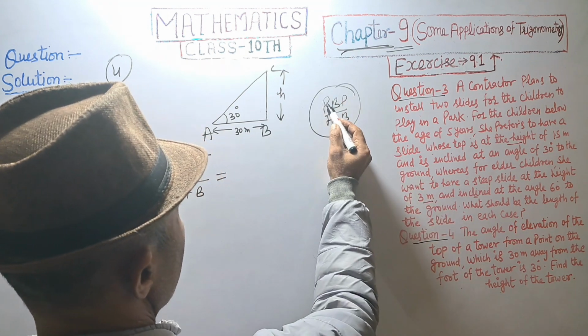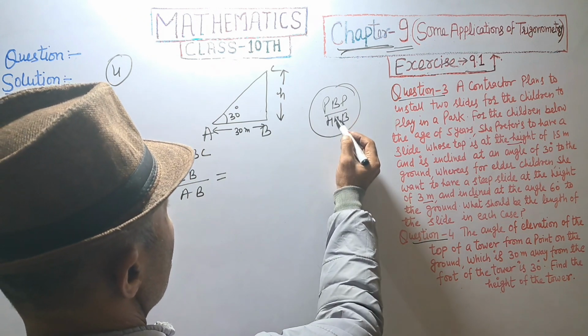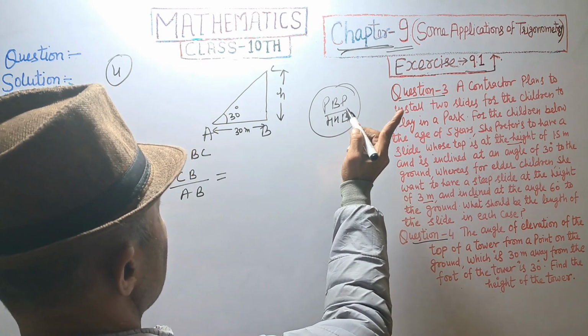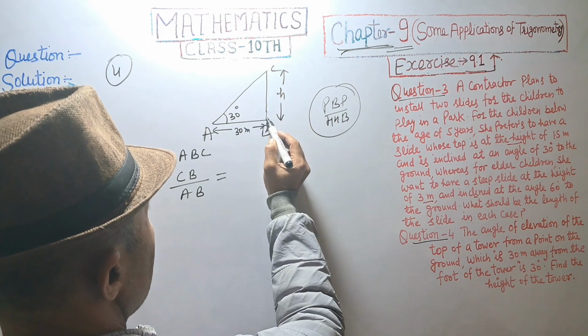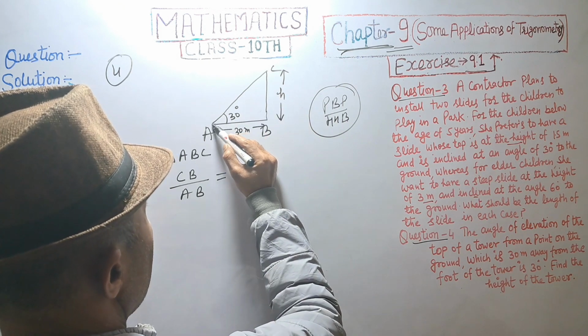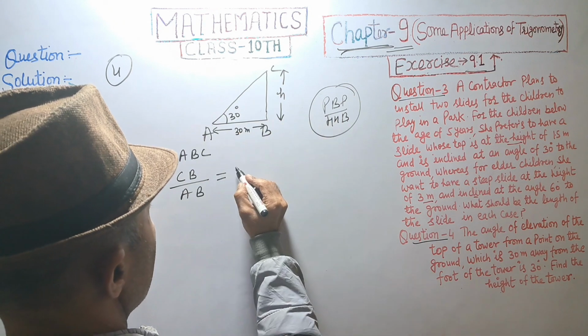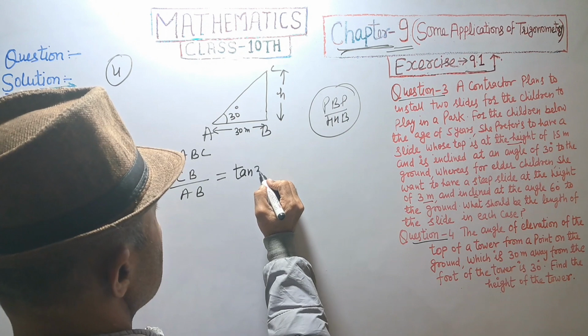As we know that perpendicular upon hypotenuse is sin theta, base upon hypotenuse is cos theta, and perpendicular upon base is tan theta. In triangle ABC, CB is perpendicular and AB is base. Perpendicular upon base is equal to tangent theta, where angle theta is 30 degree.